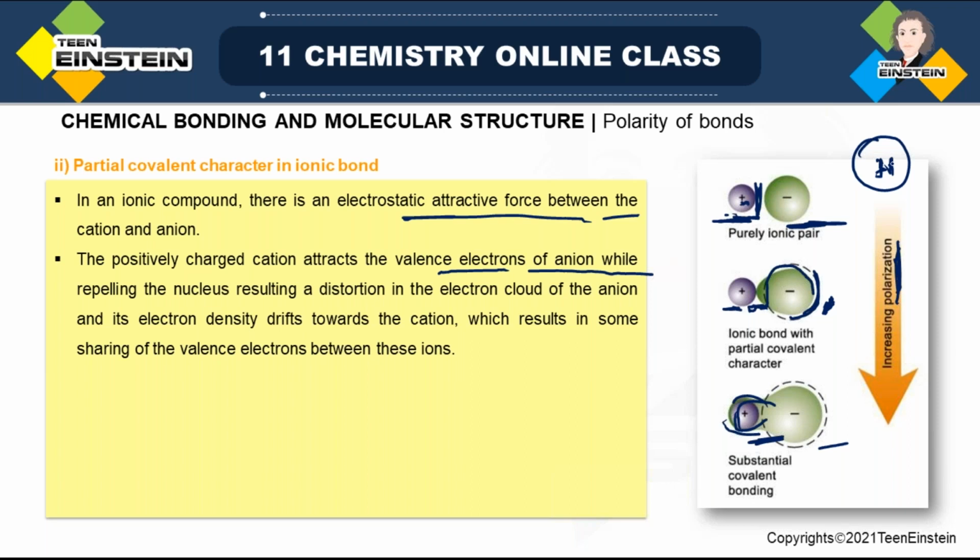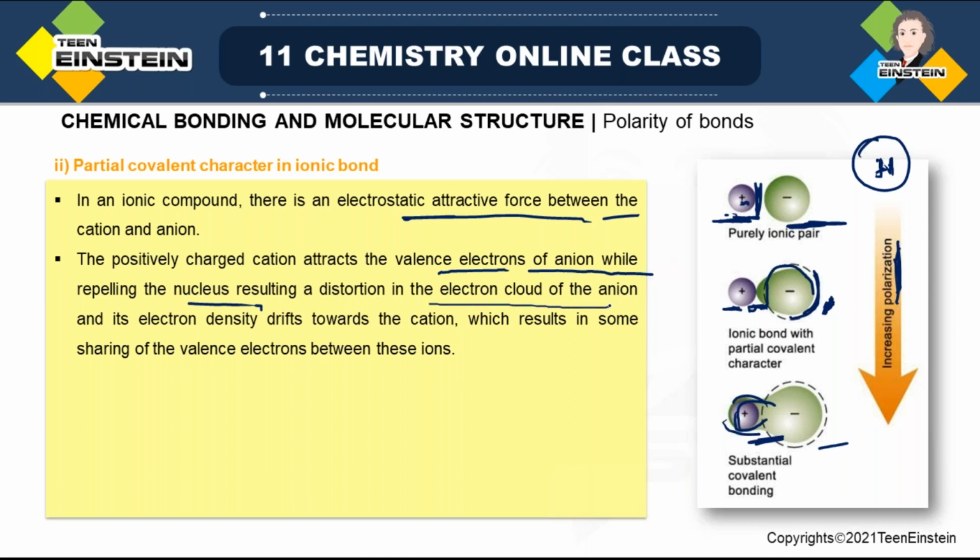Now that is common for both the cationic side and the anionic side. So when they are coming close to each other, it is true there is electrostatic interaction between the positive charge and negative charge. But if you focus on the nucleus, which is positive, the positive repulsion will also be there. So this is also present, and simultaneously there is also interaction between positive and negative. So both are present together. The positively charged cation attracts the valence electrons of the anion while repelling the nucleus, resulting in a distortion in the electron cloud.